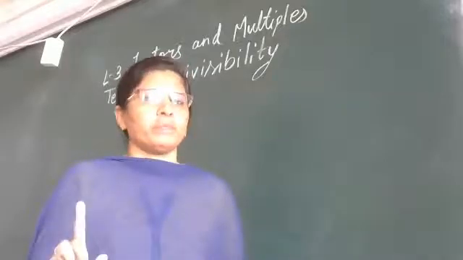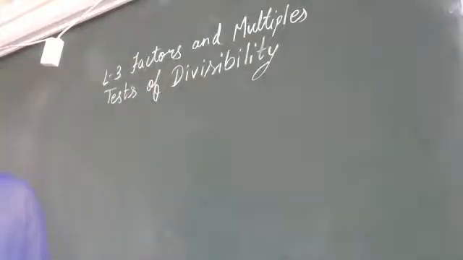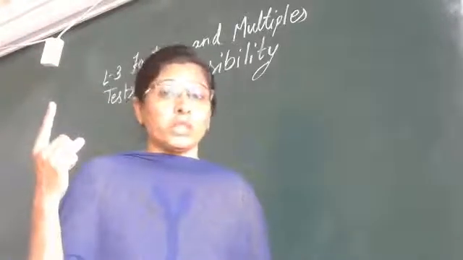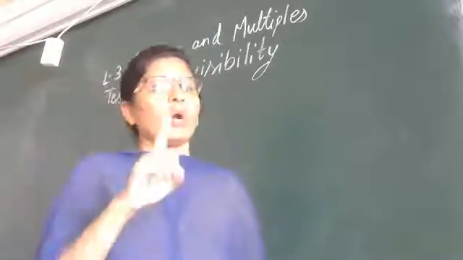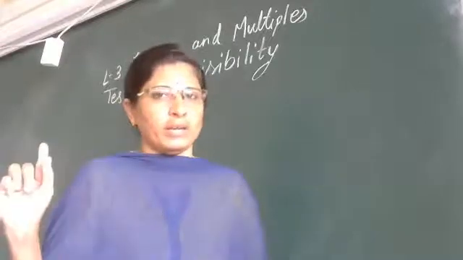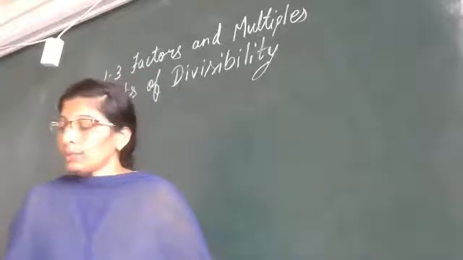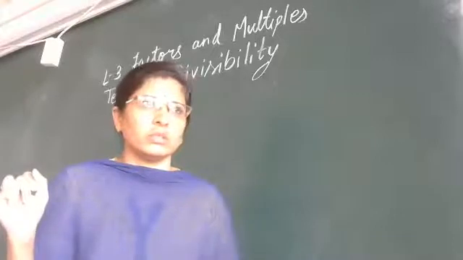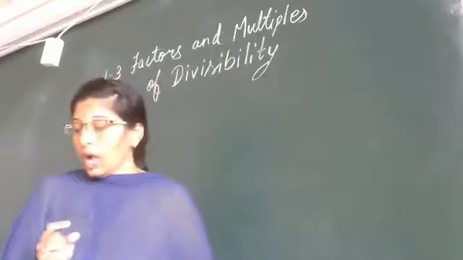It doesn't have any other name. That will come in for prime and composite. For prime and composite, one is a unique number. That is different. It doesn't come here. Okay. Now see. Don't write. First see here. Understand first.